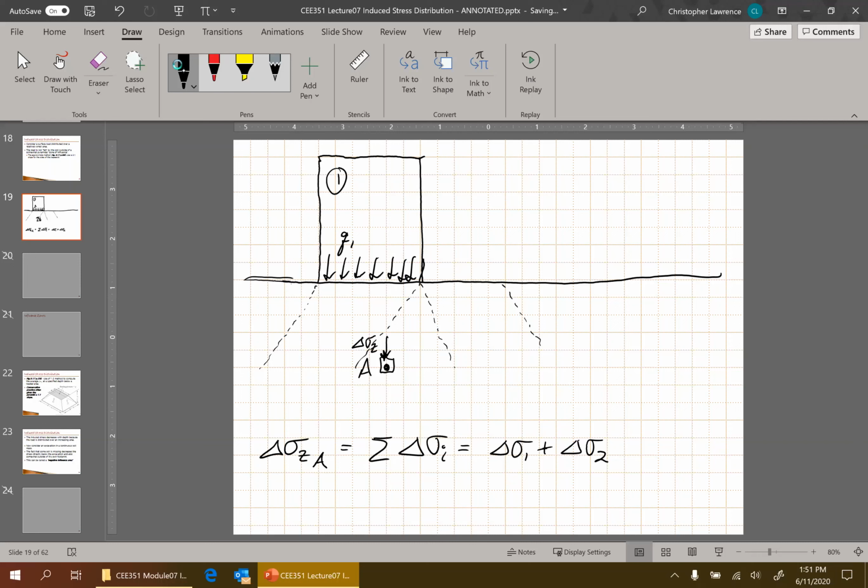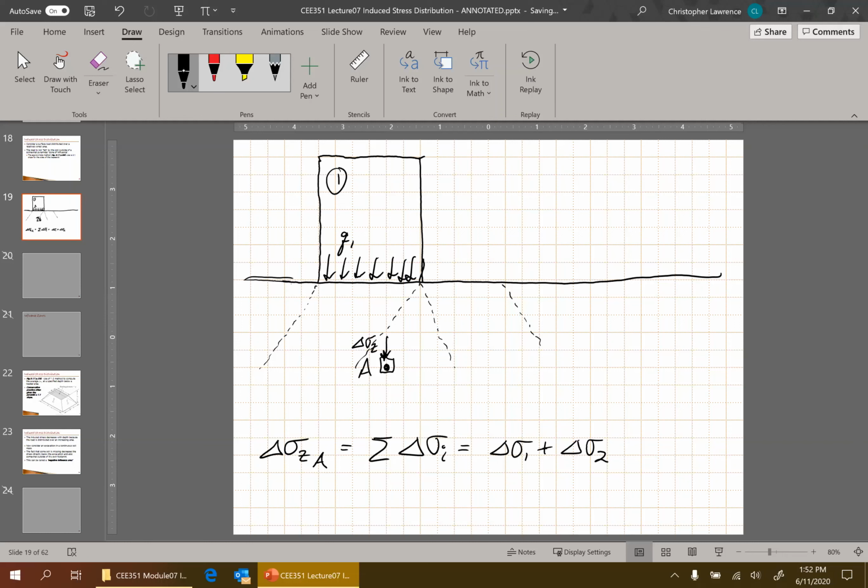The stress at point A was at a certain level, and then when I demolished building 2, the stress went down. There's a negative influence at point A from the fact that structure 2 is now missing. And yet the stress at point A is greater than it was before any of the construction. It's greater than before structure number 1 was put there, but it's less than when structure number 2 was there.